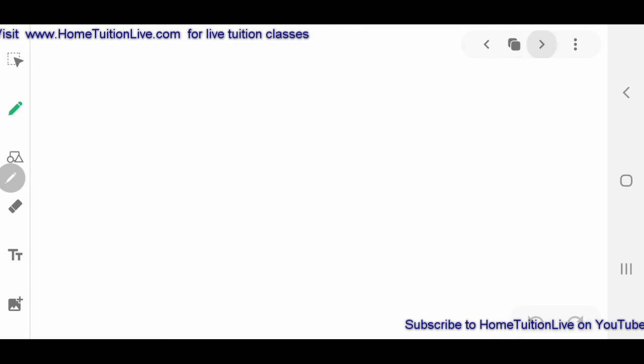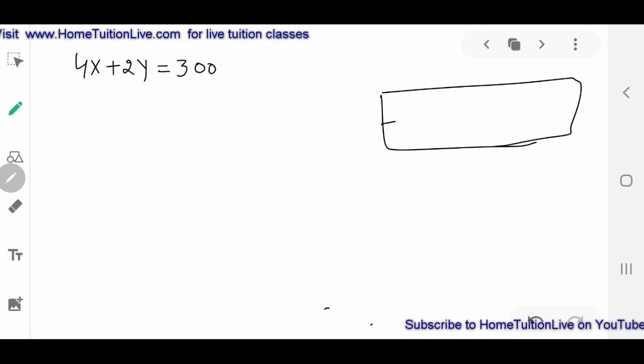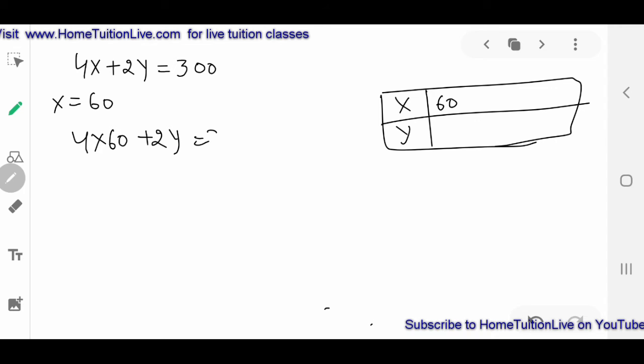Now for the second equation, 4x plus 2y is equal to 300. x, y. Suppose x is 60. For x equal to 60, 4 into 60 plus 2y equals 300.